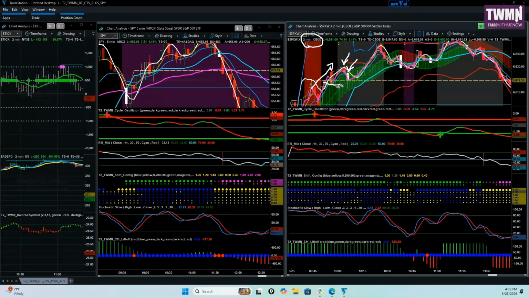You can see that where it broke through, but we didn't break our moving averages. We didn't close below them, so we still didn't break upward structure. We just pulled back, and we had some downward action on the cycle oscillator. We were kind of stair-stepping down, but it didn't fail, and we still had momentum going up. We still had all blue dots right here.